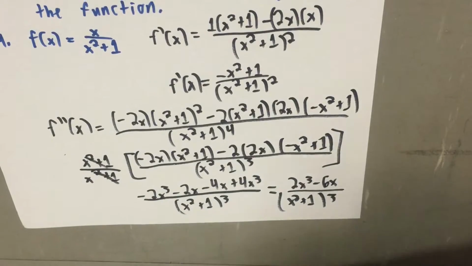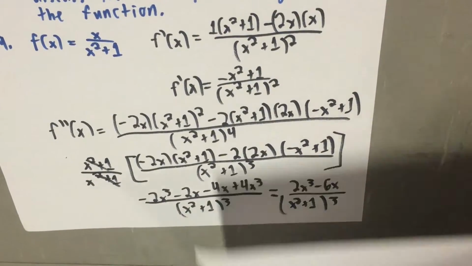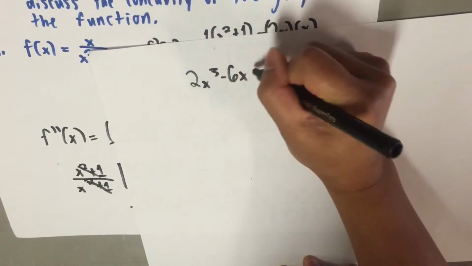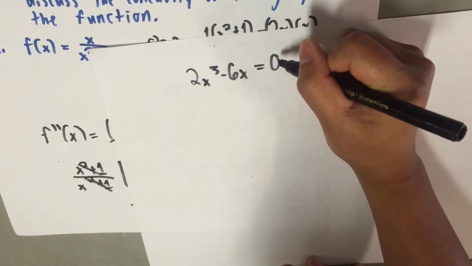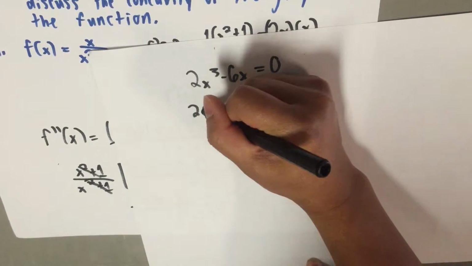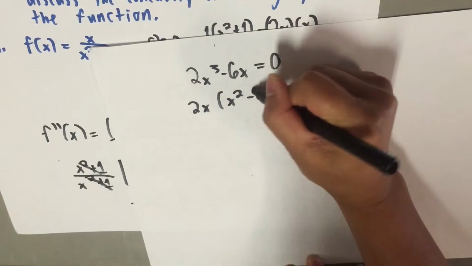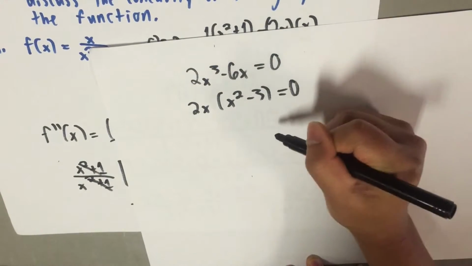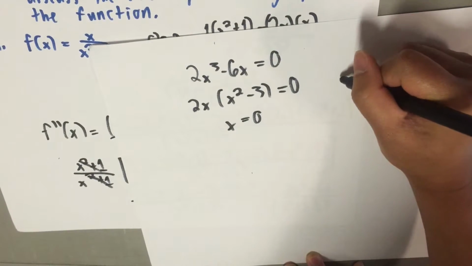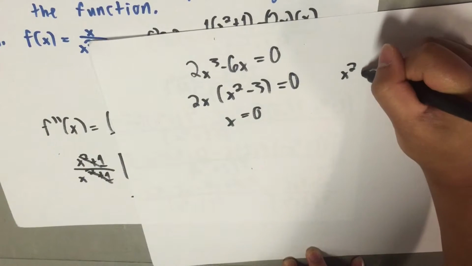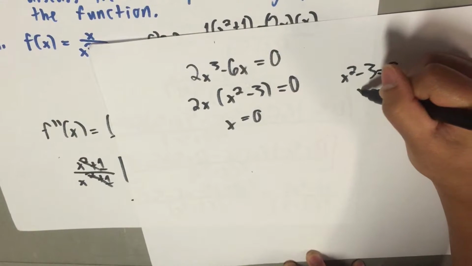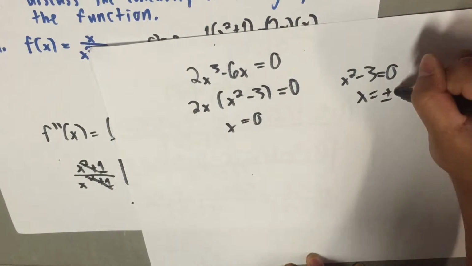So from here, we only need the numerator, so 2x to the third minus 6x, and we set it equal to 0 so we can find the inflection points. So take out 2x, so now you know x equals 0, and x squared minus 3 equals 0 would become x equals plus or minus square root of 3.